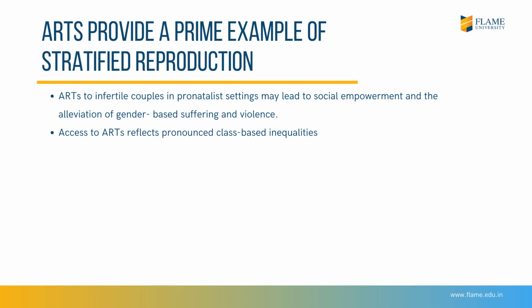Therefore, they yield a stratified form of reproduction and further inequalities. Technologically assisted reproduction is largely restricted to some of the global elite groups, whereas people not from a wealthier, quote-unquote, elite class do not have access to these technological practices, which are often highly expensive. That is what scholars have voiced in this research: that ART practices have given rise to stratified forms of reproduction.